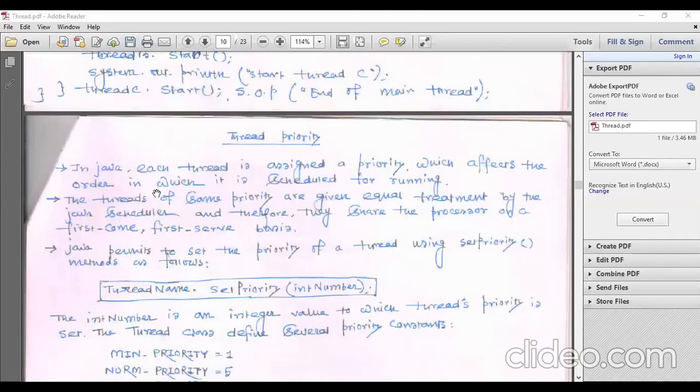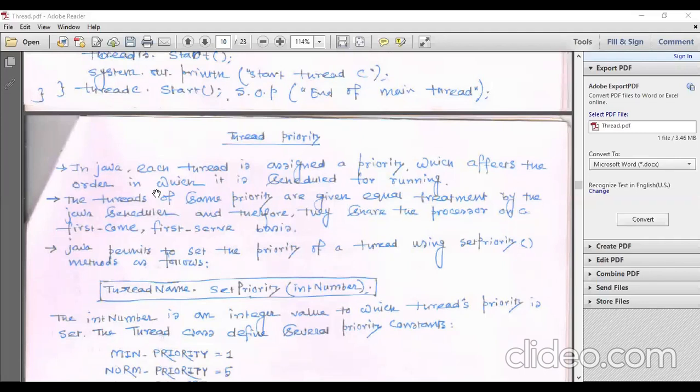The priority value of a thread can be categorized into 3 standard values. One is min priority, another one is norm priority, another one is max priority. And the priority value of the thread ranges from 1 to 10. And if you don't set any priority for a thread, the priority of the thread is considered as norm priority, that is the value 5. The min priority value is 1.